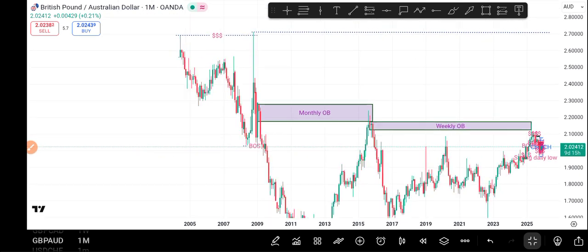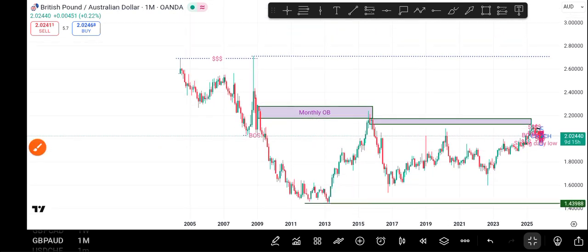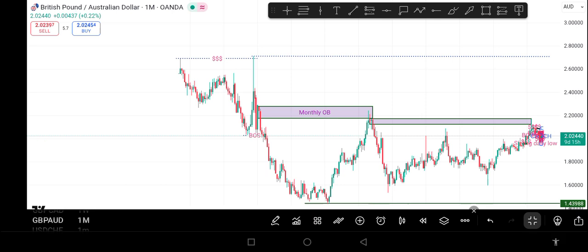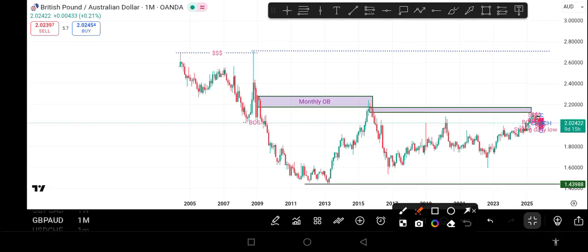Now look at this. Let me show you something. If there are breaks of structure, when the price is breaking structures, I want to see the market taking liquidity before breaking structures. Look at this.